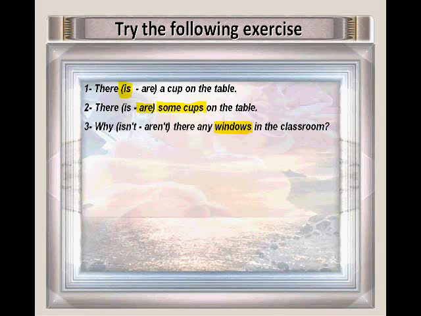Is it isn't? Look at the word windows. Is it singular or plural? Windows got S at the end, okay? And be careful: if we have a noun with S, then it means a plural word. Then it will take the word aren't. So it will be, why aren't there any windows in the classroom?